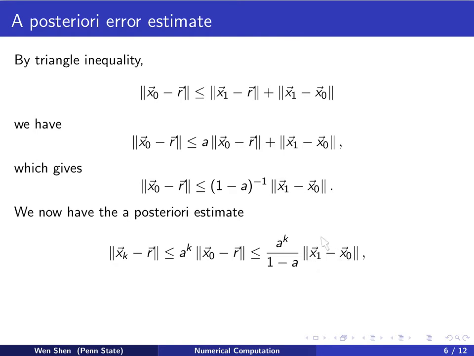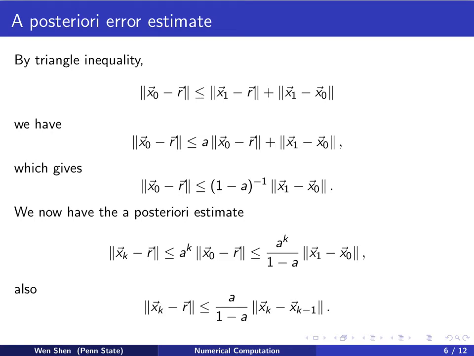Using the distance between these two and knowing the property of the g operator, in particular the constant a here, we have an estimate of the error at step k. That shall be bounded by this coefficient here times the distance between the first iteration result and the initial one.